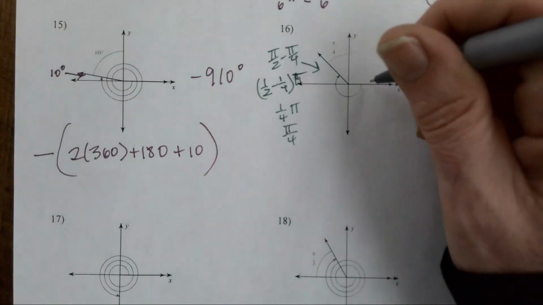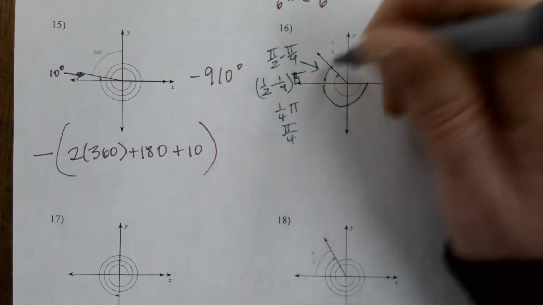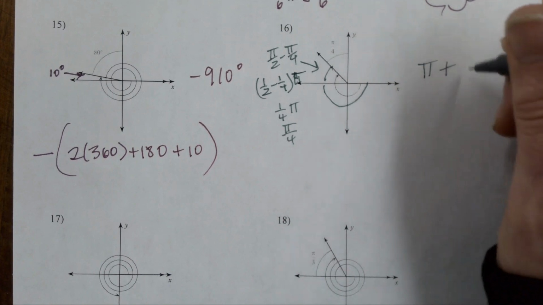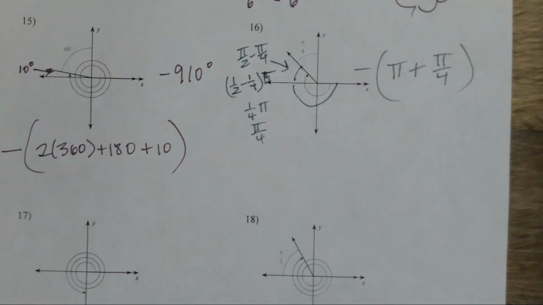I am moving backwards pi plus pi over 4. Backwards. Pi plus pi over 4 more in the backwards direction. The backwards stays separate from it. Don't blend it in.